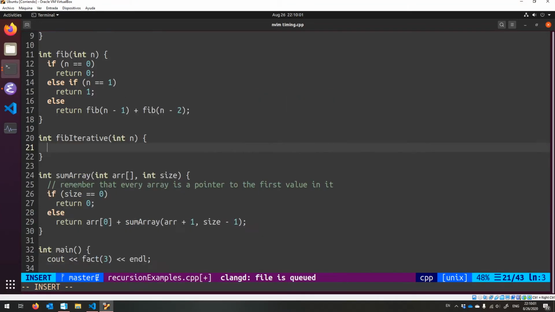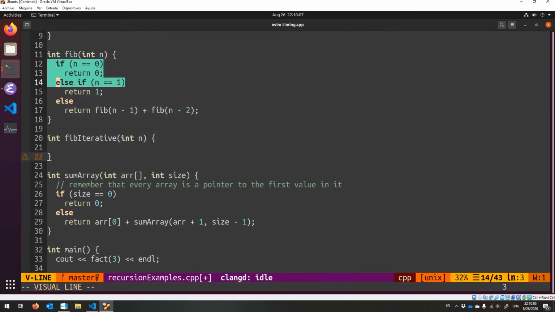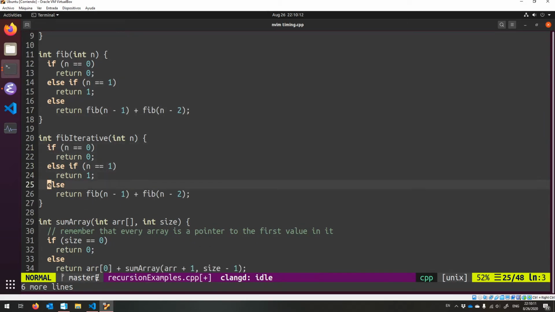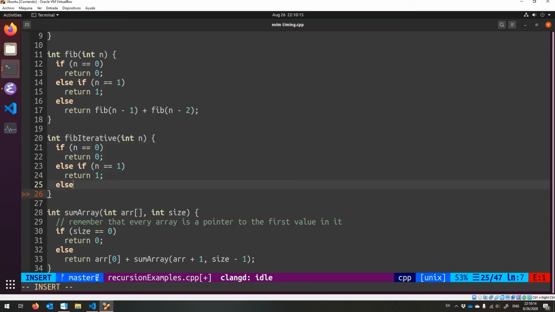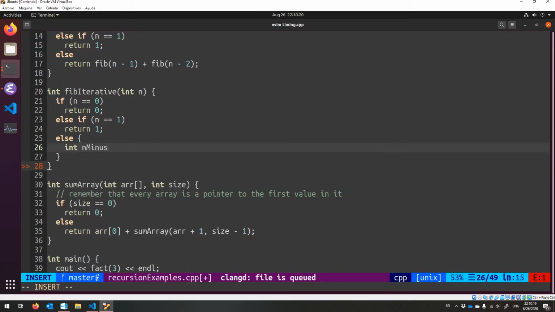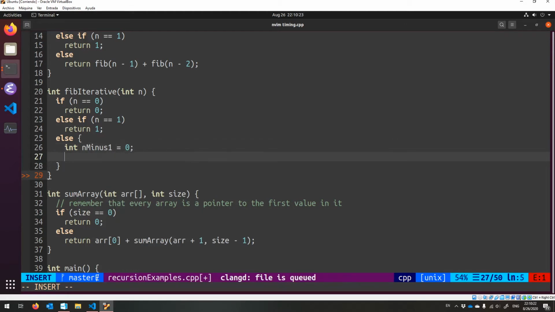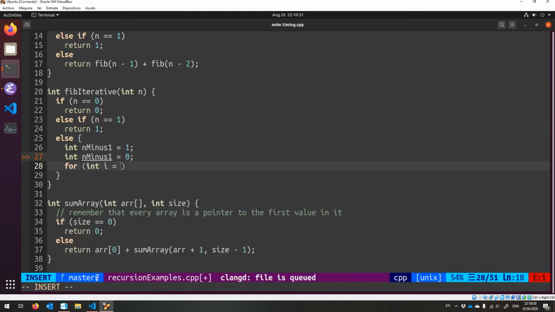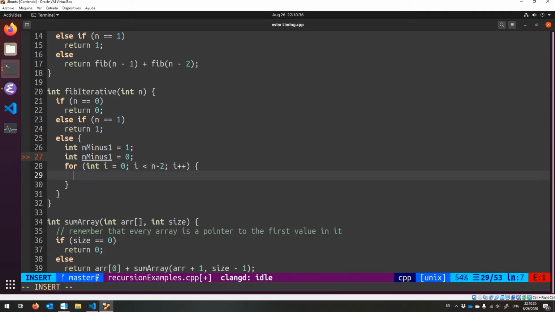We know how to do that. I'll probably get an off by 1 error, but you know what I'm trying to do. If n is 0, that's 0, or no, that's 1. Otherwise, we're going to loop. Something like this, and then we loop for like n-2 times. Again, I'm probably gonna have an off by 1 error, but you know what I'm trying to do here.